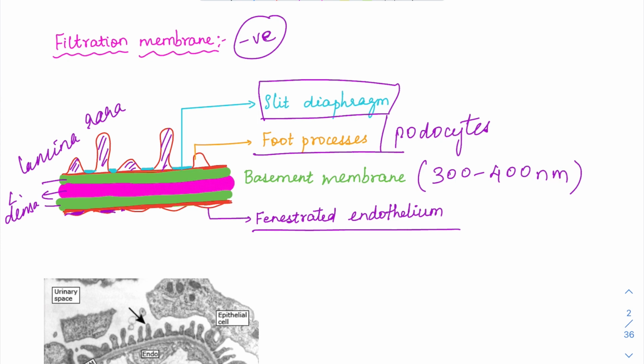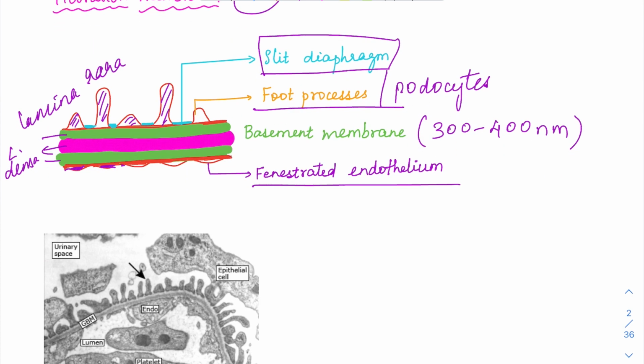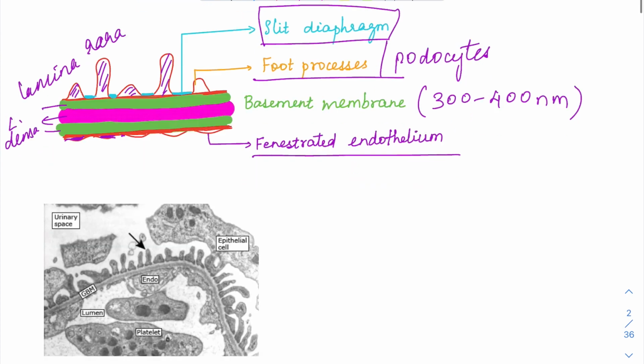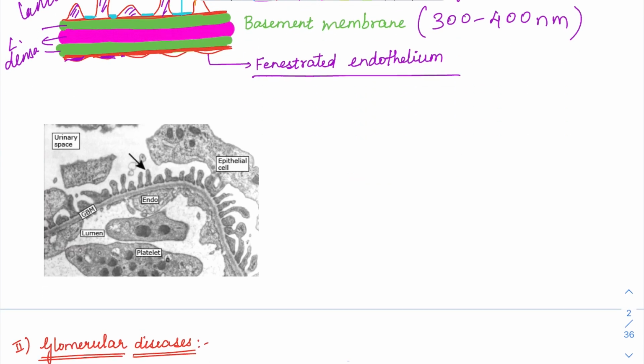When this negative charge is lost, proteins like albumin are filtered and excreted through the urine. That is the basis for one of the glomerular diseases, especially minimal change disease, which is a nephrotic syndrome. For every kidney disease, we'll be discussing the light microscopic features, the immunofluorescence and the electron microscopy.